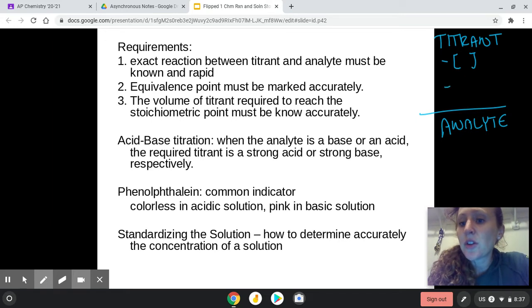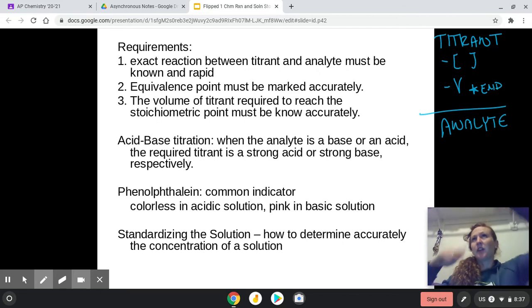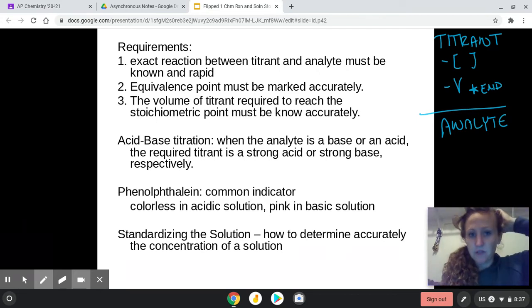You should also know the volume of the titrant that you add, but no, you won't know that until the end of the reaction, right? We didn't know at the beginning of the reaction how much NaOH we were going to add. We didn't know that until the very end of the reaction, when we went back and looked at our burette and then figured out, okay, how much of the titrant did I actually add in this.